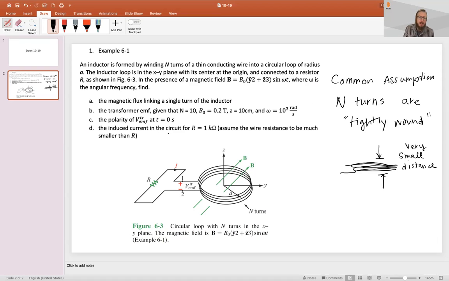So we have these N turns, and we're assuming that they're so tightly wound that it's a very small distance. And this means a couple things.